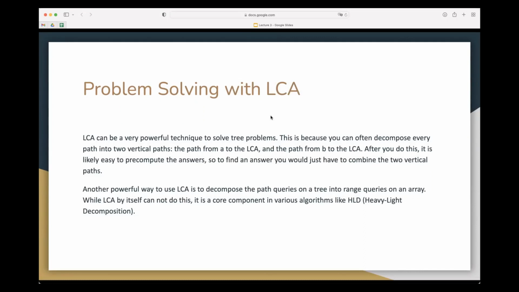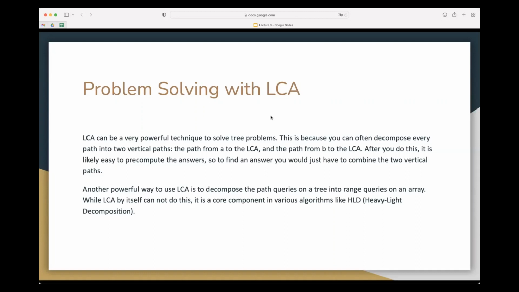Another example is queries where it's easy to combine the 2 answers, and you can use prefix sums. Then you can just query both vertical paths and sum those together, and you get the final answer.